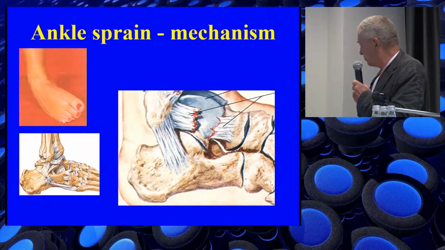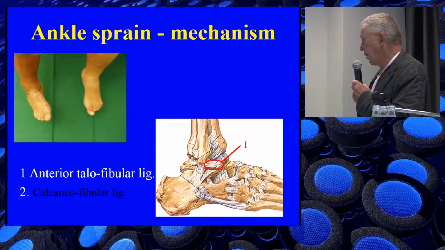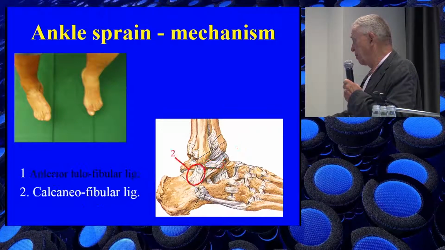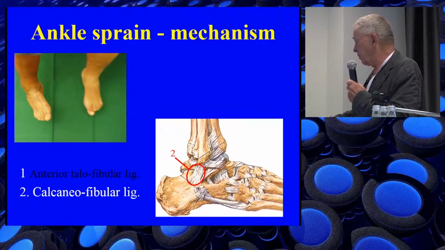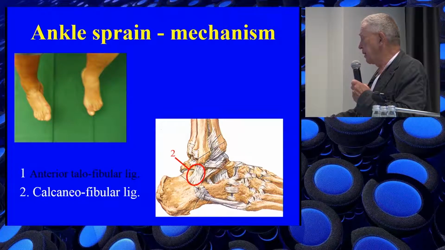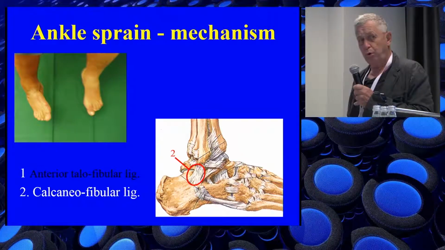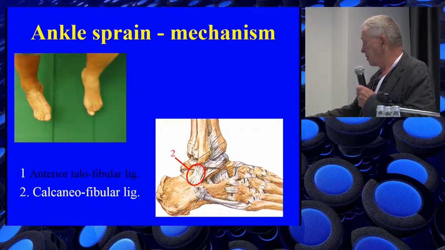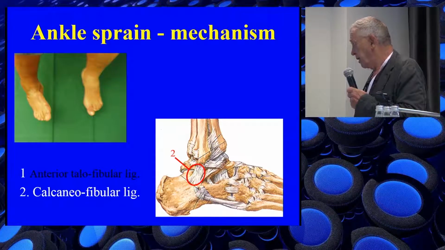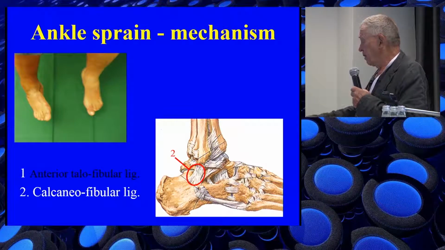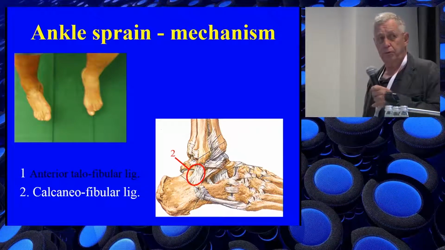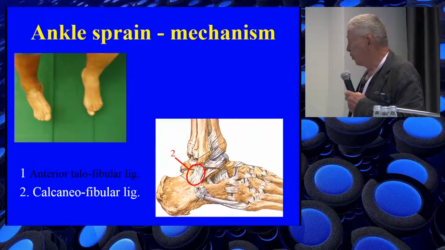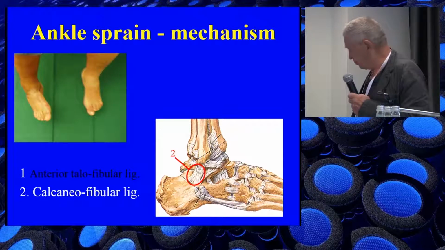You have the anterior talofibular ligament, and you have the calcaneofibular ligament. These two ligaments are the clinically most important around the ankle. The posterior ligament down here is very seldom ruptured. It's the first one, either one of them or both. About 50% of the time, both of these ligaments are torn.